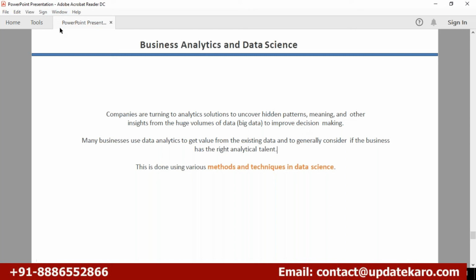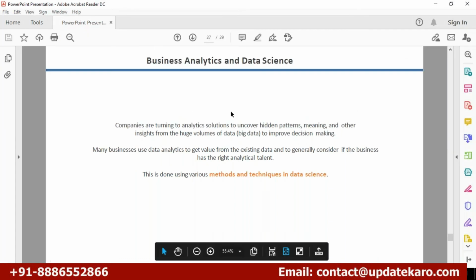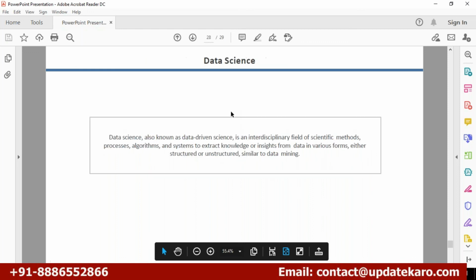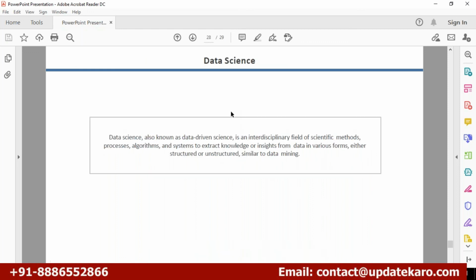Is that clear to all of you? So here we got a formal definition of data science. Data science, also known as data-driven science, is an interdisciplinary field of scientific methods, processes, algorithms, and systems to extract knowledge or insights from data in various forms.